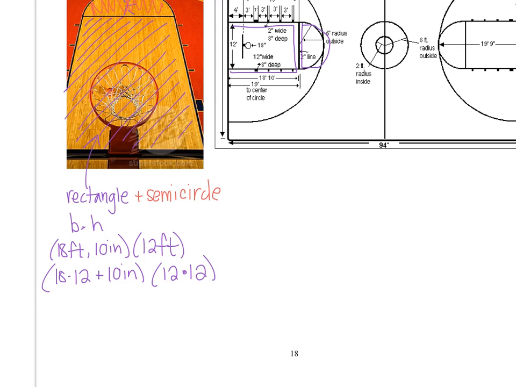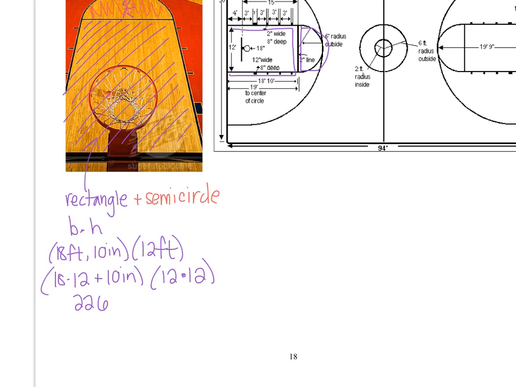So doing 18 times 12 and then adding 10 to it, I get 226. And then because I'm finding the area, I'm going to multiply that by 144, giving me a grand total of 32,544 inches squared for the rectangular portion.